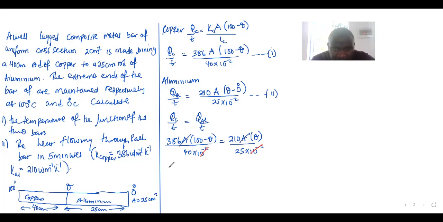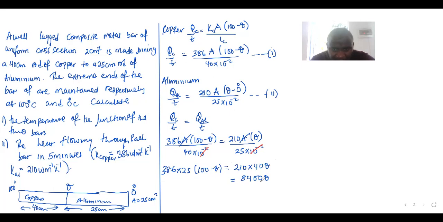Then I'll realize 386 times 25 into 100 minus theta is equal to 210 times 40 theta. So 210 times 40 is 21 times 4, which is 84, which is 8400. Theta is going to be equal to 25 times 386.